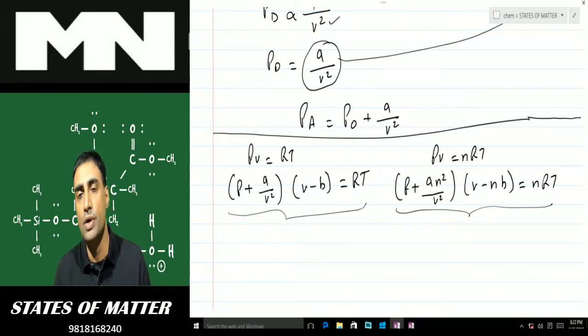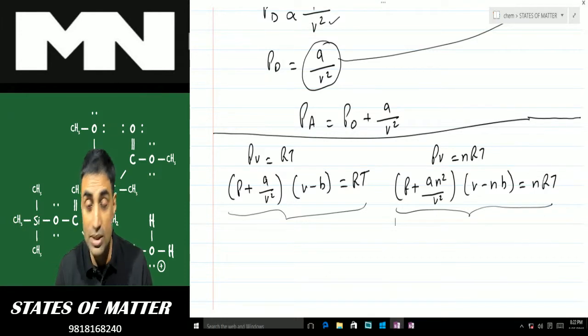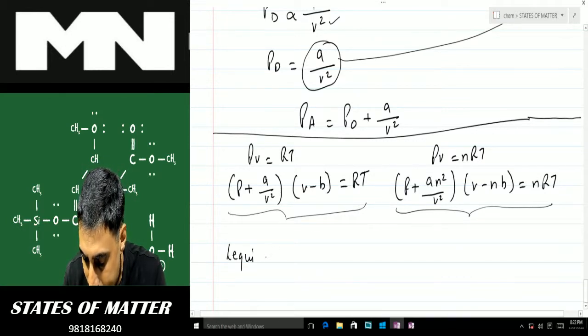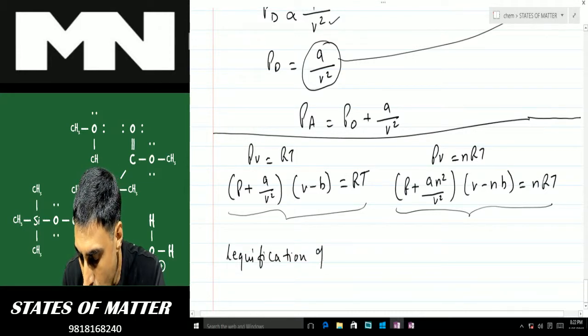Also we are going to talk about the ideal gas equation according to kinetic molecular theory, KMT. But the topic we have now is liquefaction of gases. So we'll see liquefaction of gases.